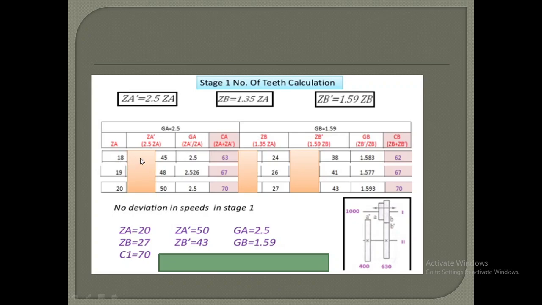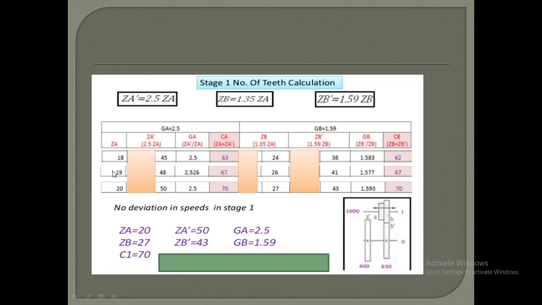Then see, we will use here the minimum number of teeth on the gear as 18. Why 18? Because we want to avoid interference of the gear, that is, undercutting of the teeth, for the 20-degree full depth involute tooth system. The minimum number of teeth to avoid the interference, Z minimum, is given as 18.